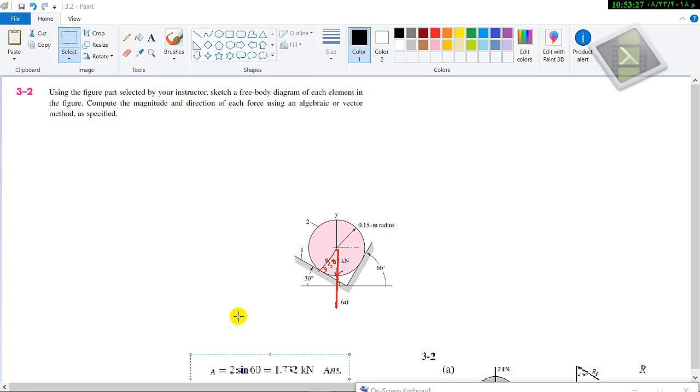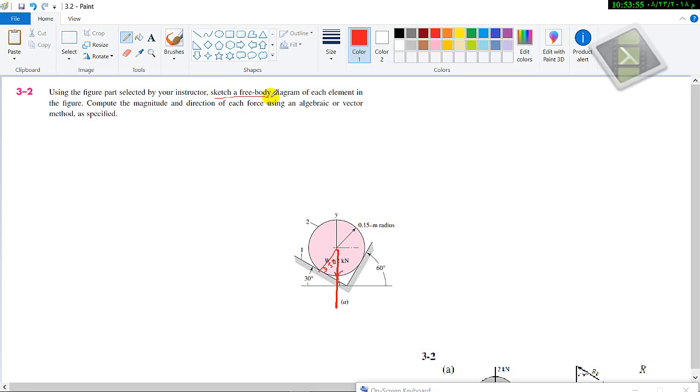We have here a very simple problem. We would like to share it with you regarding how we can solve it. Using the figure part selected by your instructor, sketch a free body diagram. So the first requirement is to sketch a free body diagram.